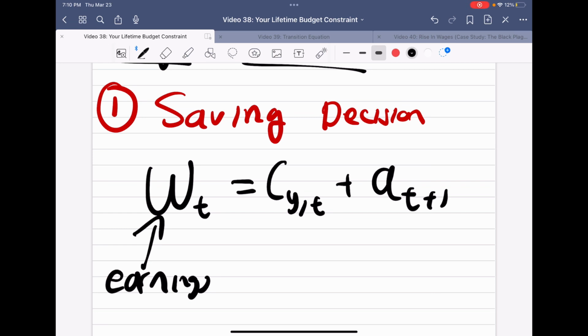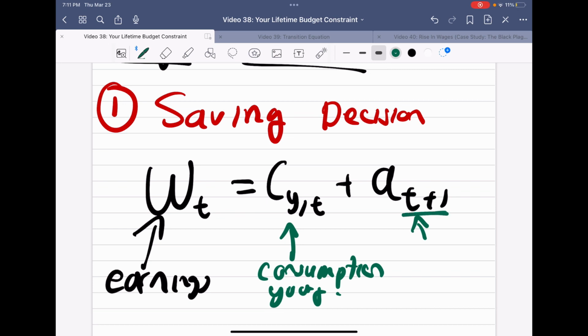C_Y,t is consumption. C is consumption. Y is young. Consumption when young. A_t+1 stands for the amount of assets you save and bring into old age. That's why it's t+1, right? It's the thing that you bring into another period, in this case, old age.